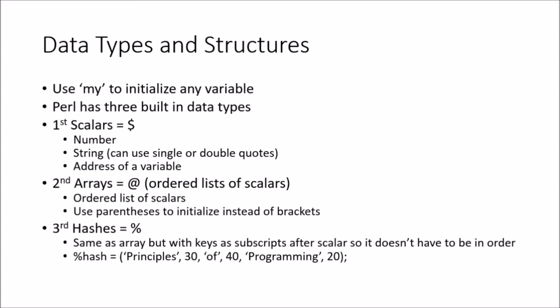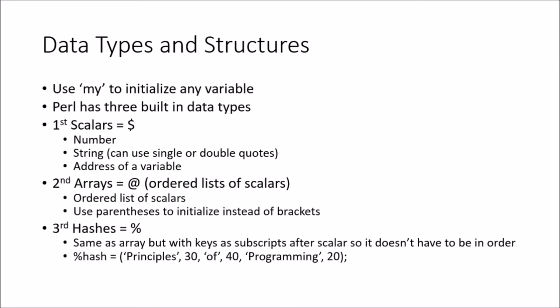Also addresses of a variable. The second are arrays of scalars, which you denote with an at symbol, an ordered list of scalars, if you will. Use parentheses to initialize instead of brackets, like we commonly see in, say, C++ or Java.